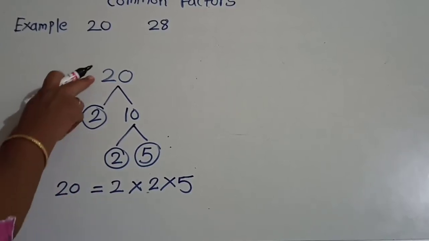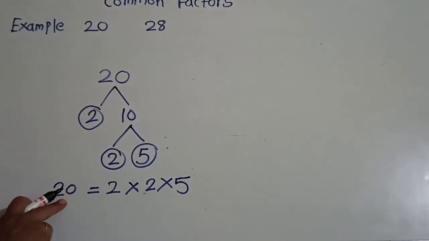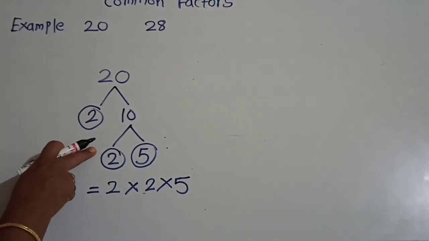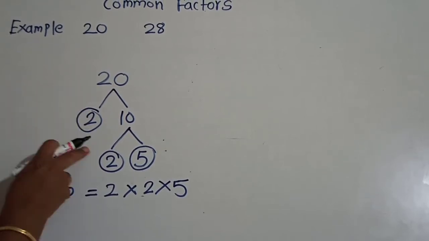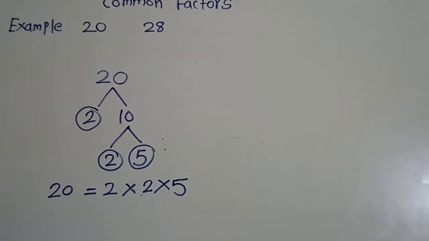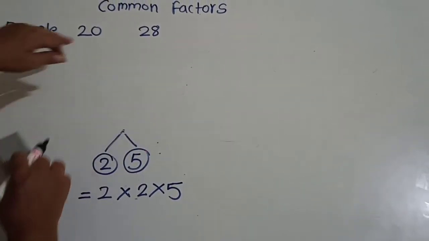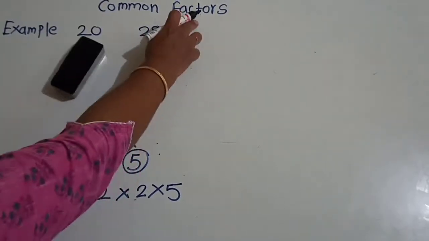Okay, these are the factors of 20 and this is a factor tree. We learned this in the previous session, and today we are going to learn common factors.